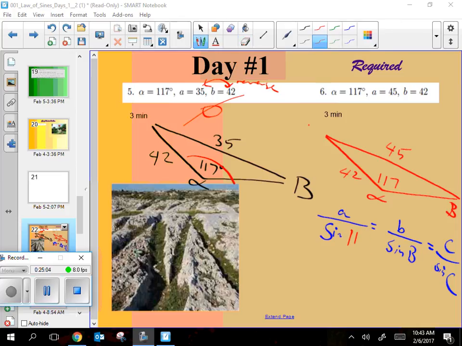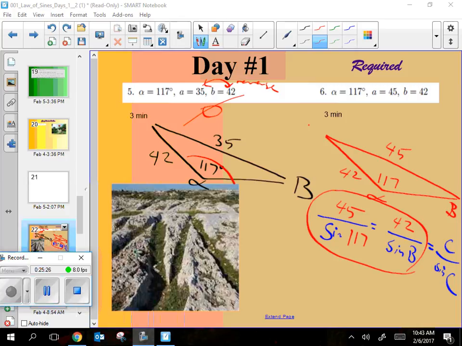That's 117. And the A is 45. Putting a 45 where the A used to be. And then I know little b is 42, so I can put that right here. And cool, I got 3 out of 4 spots. That one I can do with cross multiplying and solving.